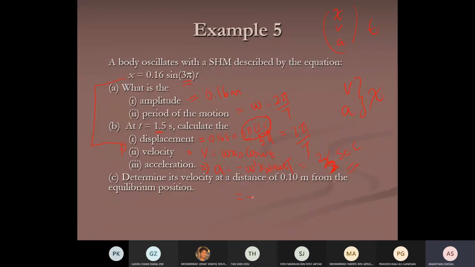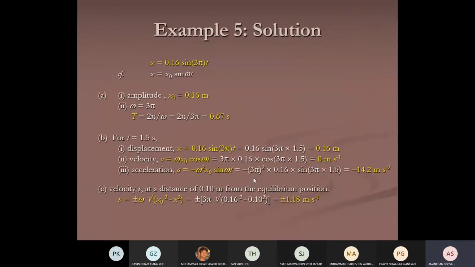Okay, put in the formula, negative omega squared x naught sine omega t.